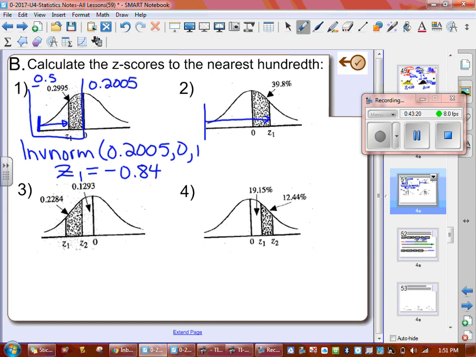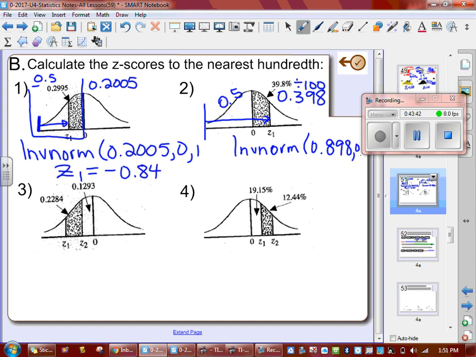So I'm going to have inverse norm, 0.898, 0, 1. And that's going to give you a Z-score of 1.27. Okay? So 1.27 is what you're going to get for that one.